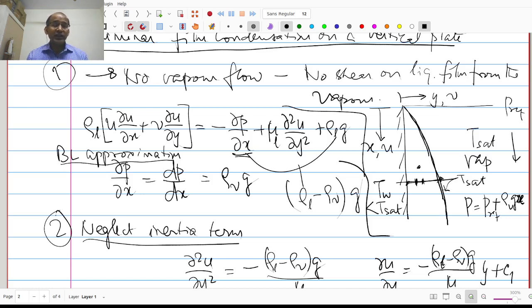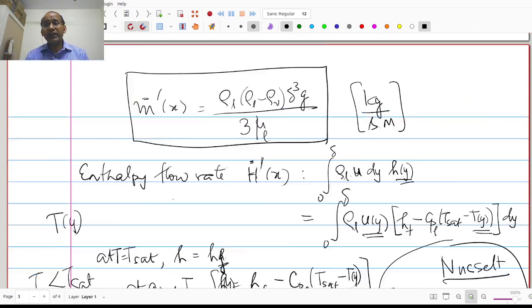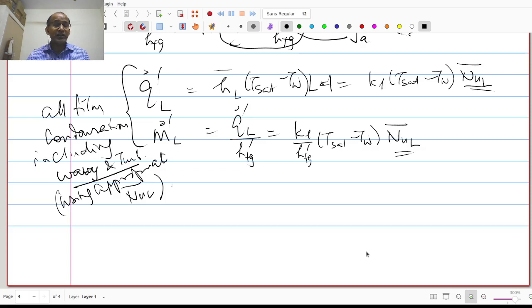The second one is the neglect of the inertia term. There are works in the literature where these assumptions were relaxed. So we'll talk about those first, and the scale analysis done by Bejan, so that we get a more general expression which removes the approximations that we had made in the current analysis.